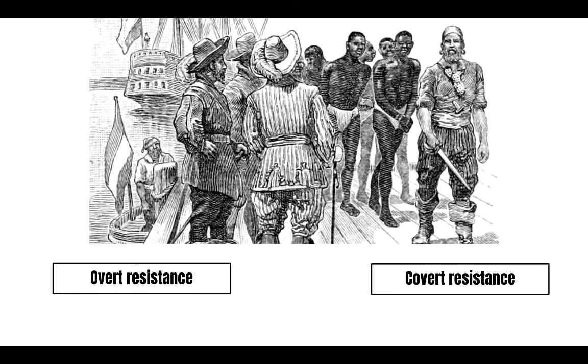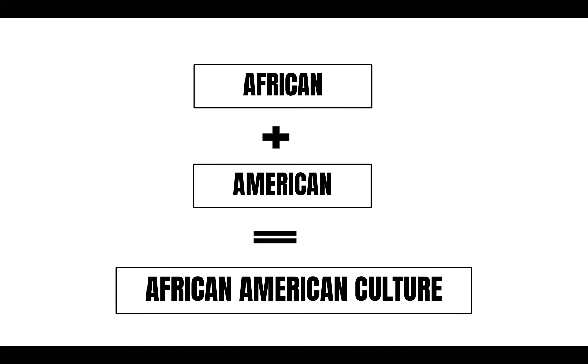In response to the dehumanizing nature of slavery, enslaved people resisted in both covert and overt ways. Most resistance to slavery was covert, or rather concealed or hidden. For instance, many enslaved people continued to practice their cultural beliefs, spoke their native language, and incorporated elements of their African identity into this new society.